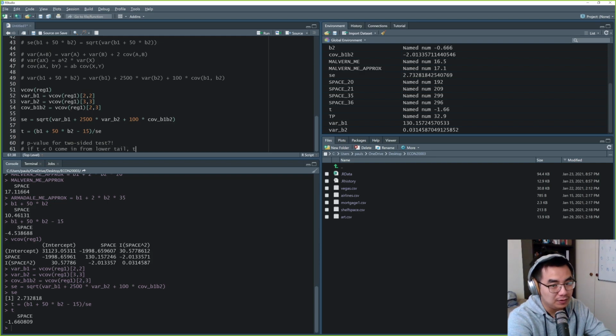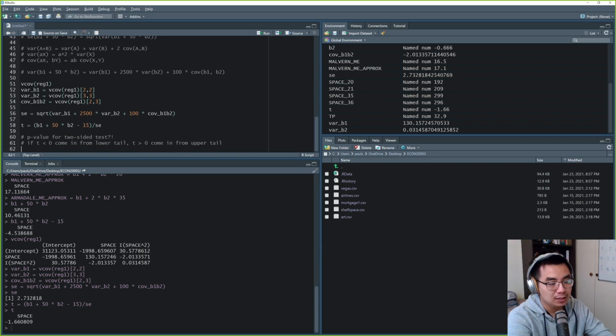If the test statistic is positive, you come in from the upper tail. This has no bearing on your actual accept-reject decision because it's a two-sided test, but you need to get this right because when you specify it, you need to tell the function whether you're coming in from the left tail or the right tail. In this case, you're coming in from the left tail because it's a negative number.